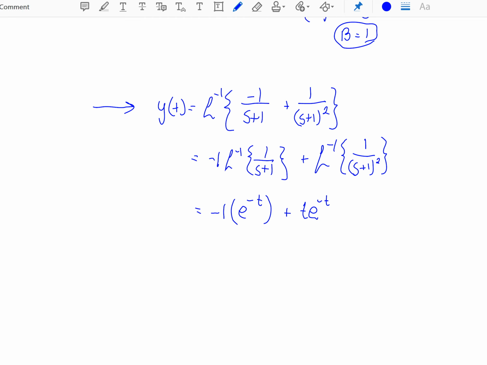So I'm going to write our solution as y of t equals negative e to the negative t plus t e to the negative t. This is the solution to our differential equation.